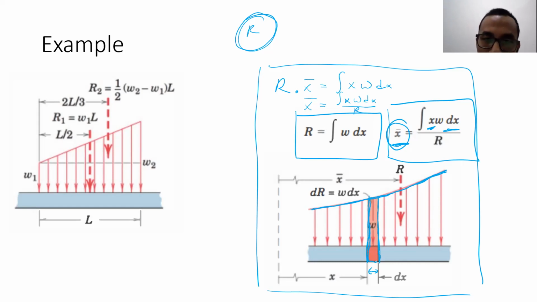And x is the distance of that particular small area from our origin. This is x. X bar is the end result.